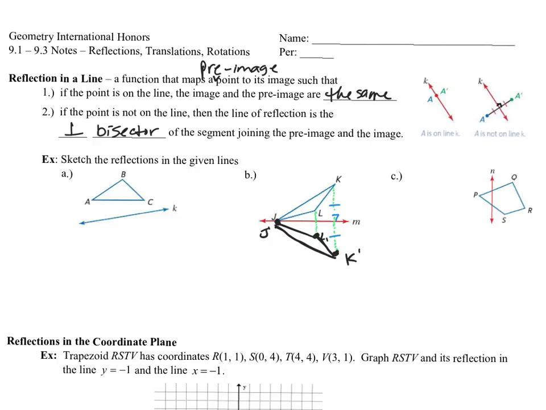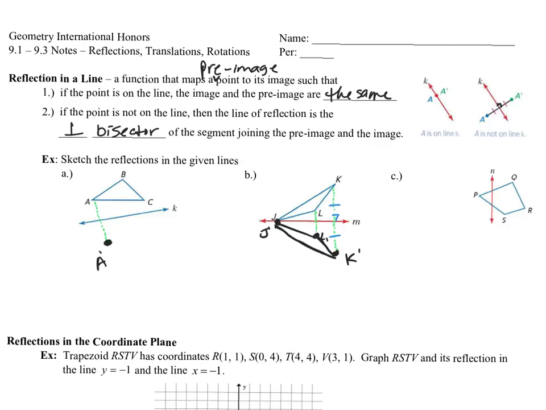Okay, so let's try the same thing again over here with example A. So I'm going to place A prime down right about here because line K should be the perpendicular bisector of a line segment that connects A to A prime. So again, we're just going to freehand this, and right about there is where A prime would be.